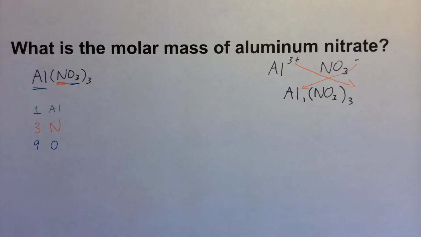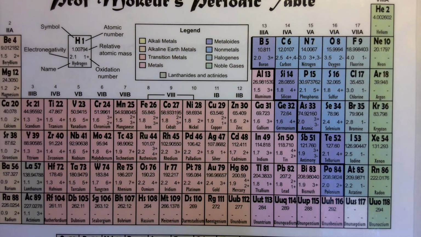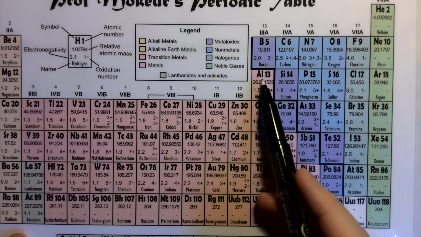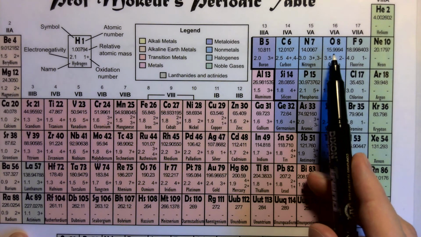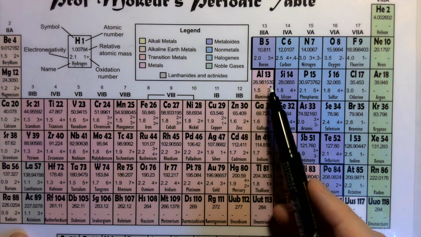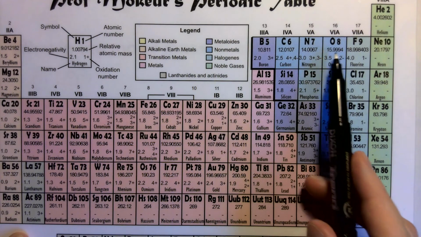Alright, our next step is we need to figure out the molar mass, also known as atomic mass, for each of these 3 elements. And to do that, we would go to our periodic table. We know we're looking for aluminum, nitrogen, and oxygen. So here is the molar mass of aluminum, there's nitrogen, there's oxygen.